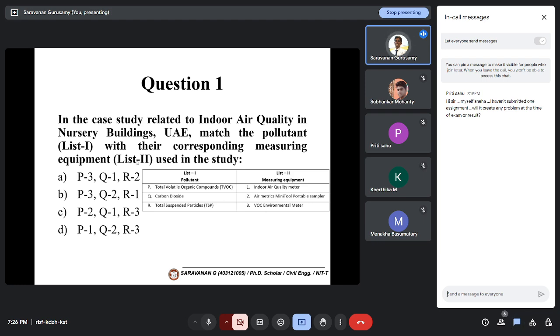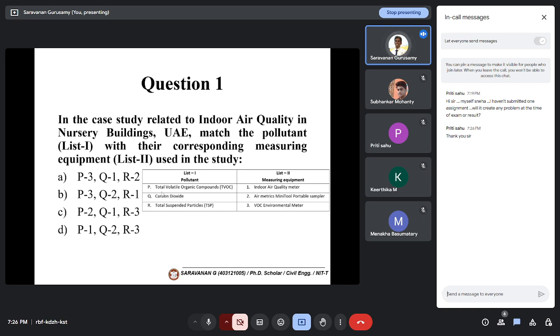Please answer these questions. I will read. You can also put it in the chat box if you don't have any doubt. In the case study related to indoor air quality done in the UAE that we have discussed, match the pollutant and their corresponding measuring equipment. The first one is TVOC, total volatile organic compounds, carbon dioxide, TSP. They have taken 6 parameters, right? Temperature, humidity, CO2, TSP, that is total suspended particles, and TVOC, measured indoors in nurseries.